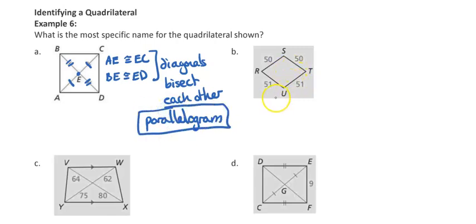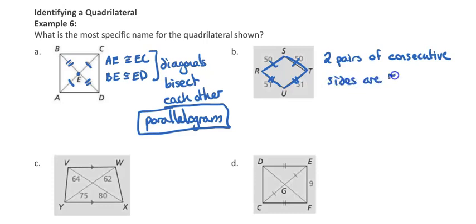Okay, if we look at B, we see that there are these two sides that are the same length, 50, and they're next to each other, they're not opposite. And then these two sides that are 51 are the same length. And once again, they're next to each other, not opposite. So that means there are two pairs of consecutive sides that are congruent.